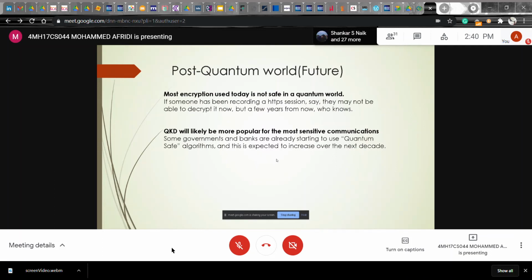For example, if you want to create a medicine, which takes too much time in physical labs, you just need to have the information in the quantum computer. It creates a simulation and we get accurate results, because it can measure the quantum distance between molecules, and soon we can get the cure for diseases like Alzheimer's also.